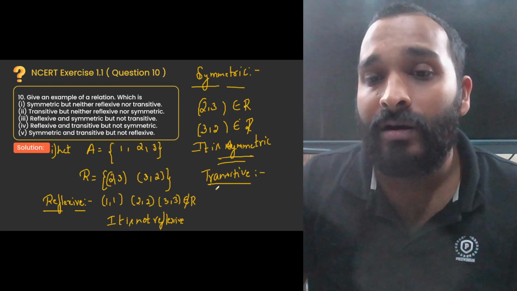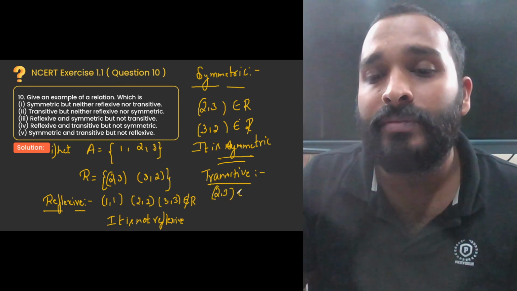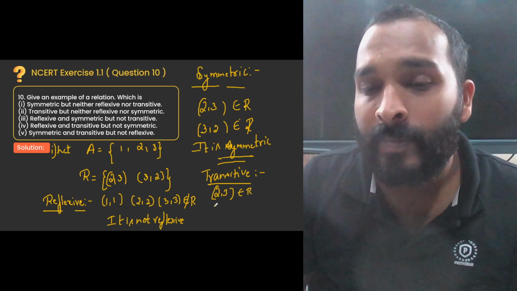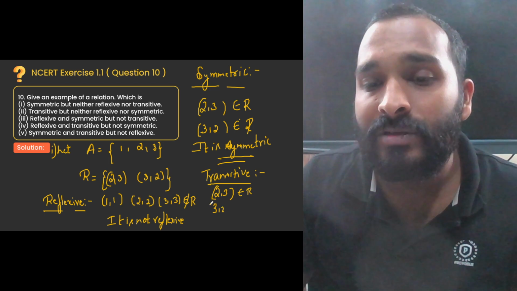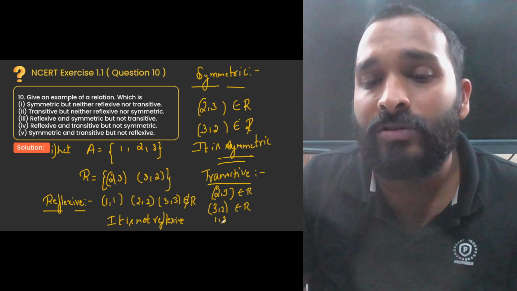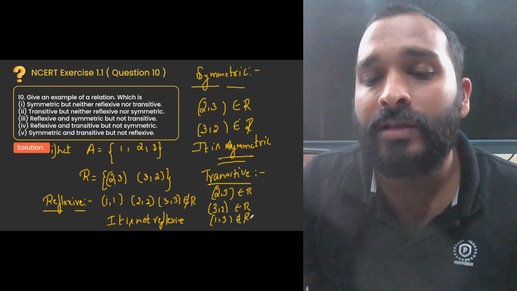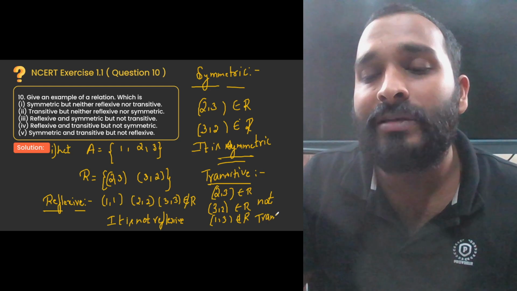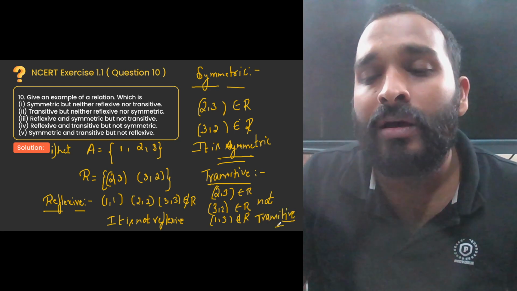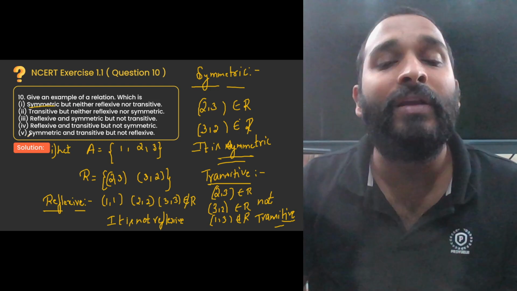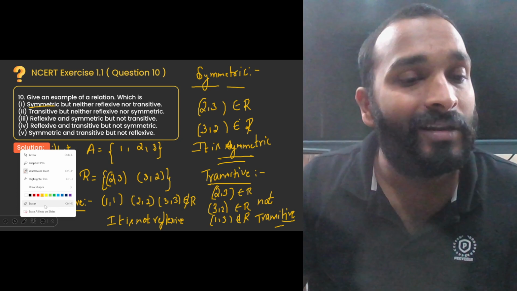Here (2, 3) is present, but you don't have any other element. (3, 2) is also present, but you don't have (1, 3) in R. Hence what you can write, not transitive. So easily we have written an example where the relation is symmetric but neither reflexive nor transitive. I hope this is clear children, easy and simple.